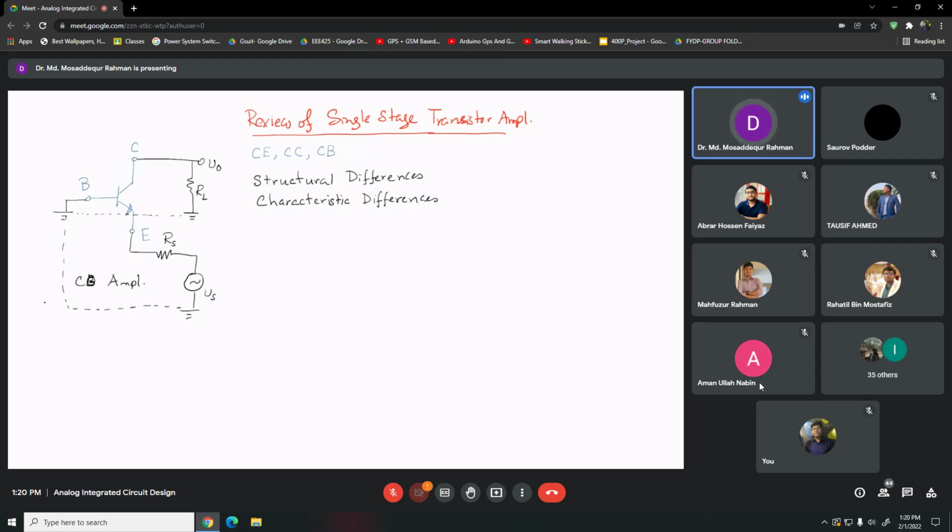Now these circuits we call conceptual circuit diagrams. Why do you call them conceptual?